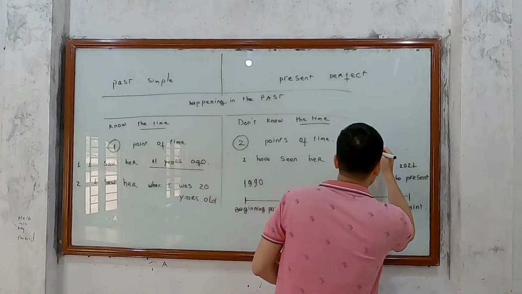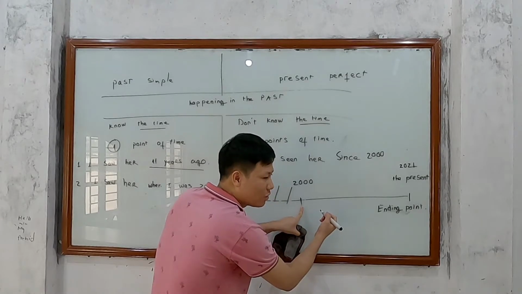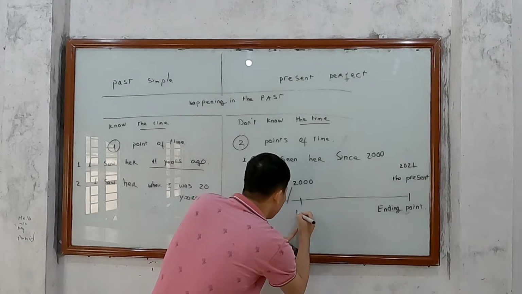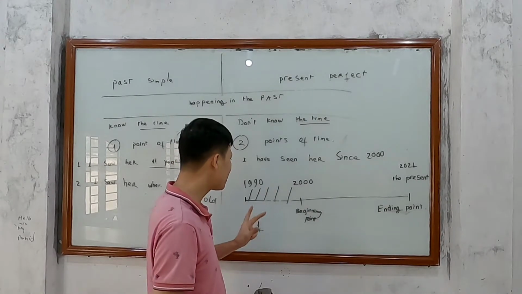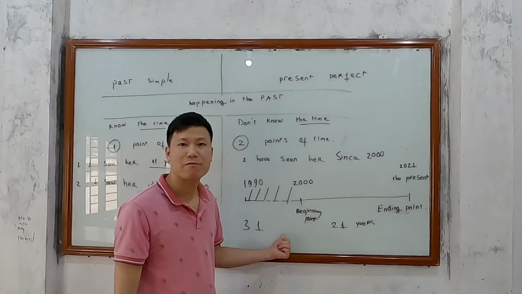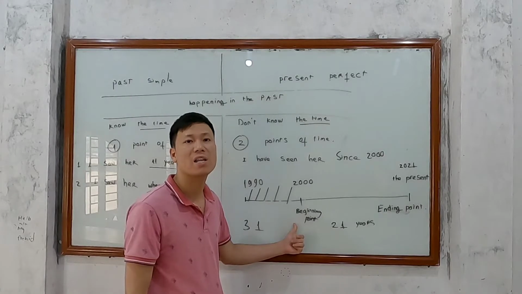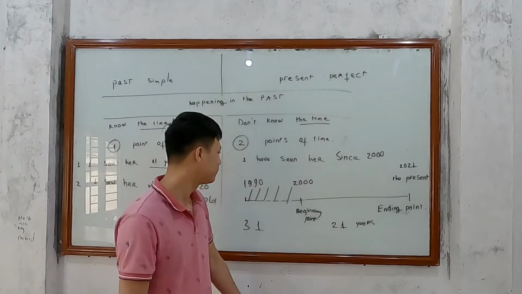Since 2000, the beginning point will move to this point. The original period of time is 31 years. So you see, I have already reduced the period of time from 31 years to 21 years.